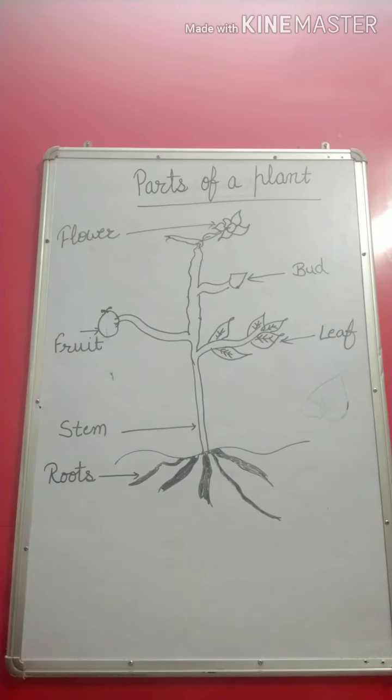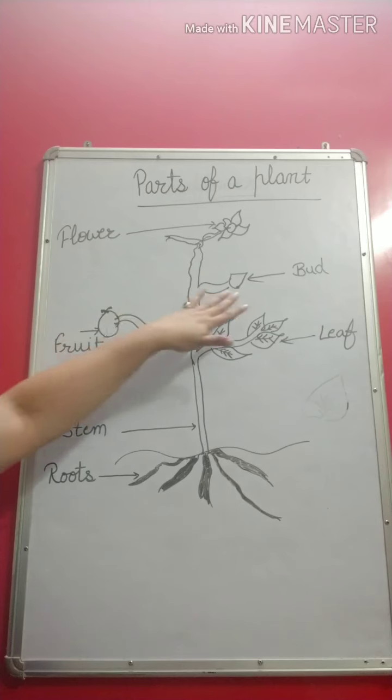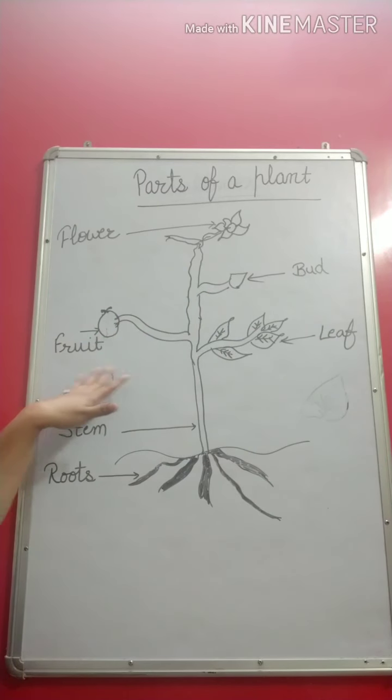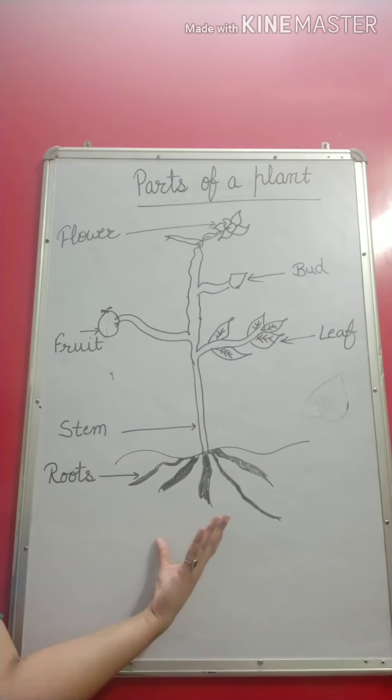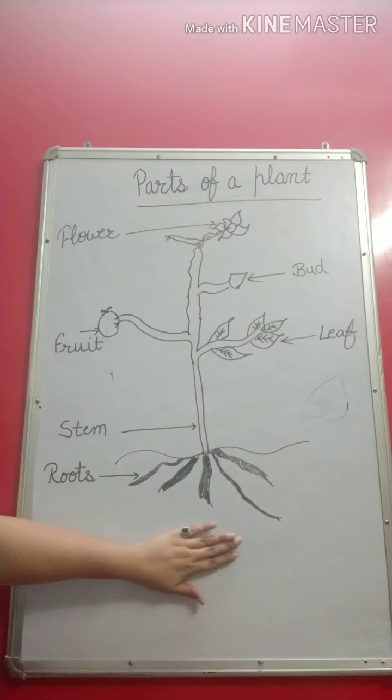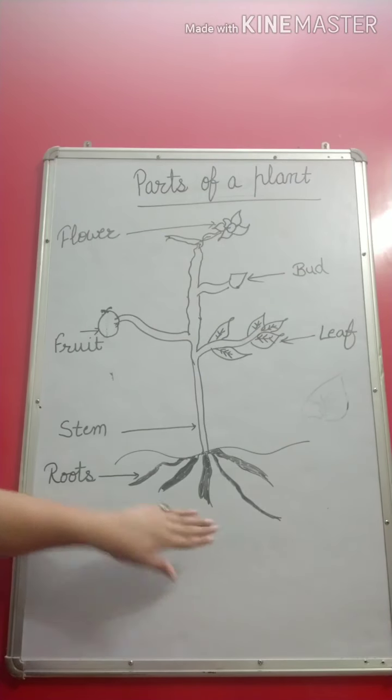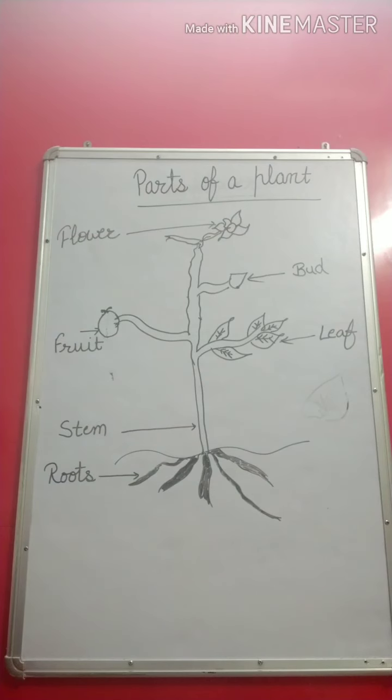The parts I have mentioned here are flower, bud, fruit, leaf, stem, roots. Roots are the only part which is below ground. We are not able to see roots most of the time because they are underground, and the rest of the parts are easily visible to us.